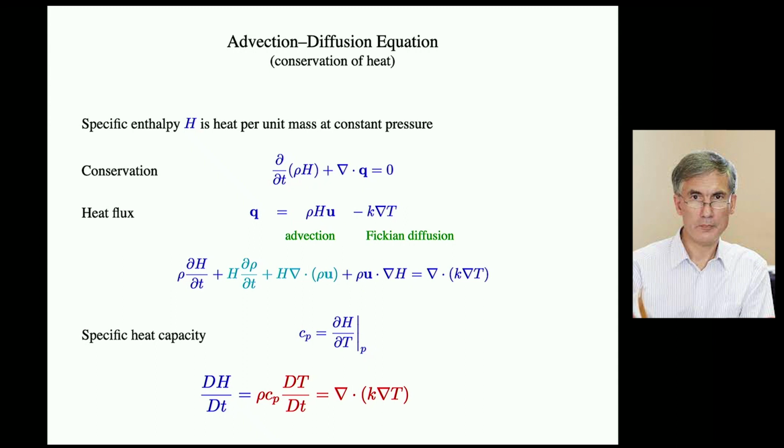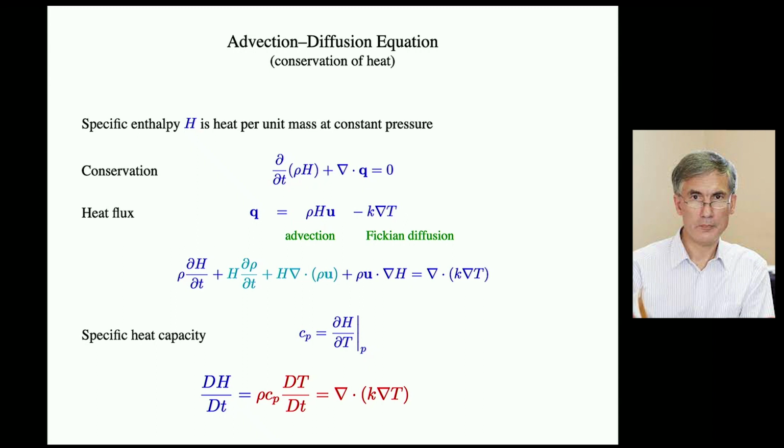And because we're starting with a heat per unit mass, I need to multiply by the density, the mass per unit volume, to give me a heat per unit volume. So all conservation laws: rate of change in time of material per unit volume, heat per unit volume, plus the divergence of a flux is equal to 0. So this is a canonical conservation law.